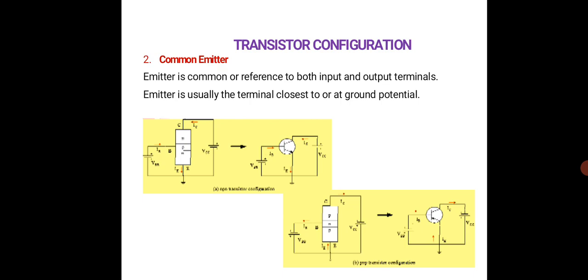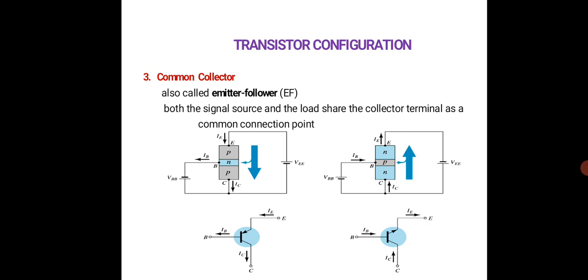Common emitter is the same thing, except that the emitter is used as a reference, and this is close to ground potential. You can see from the figure that the emitter is common to both base and collector. And similarly the common collector, which is also called an emitter follower.